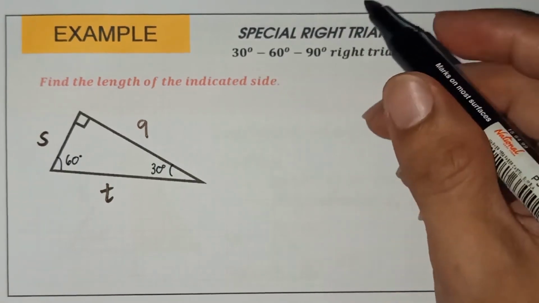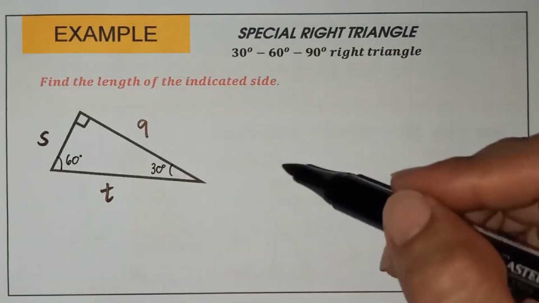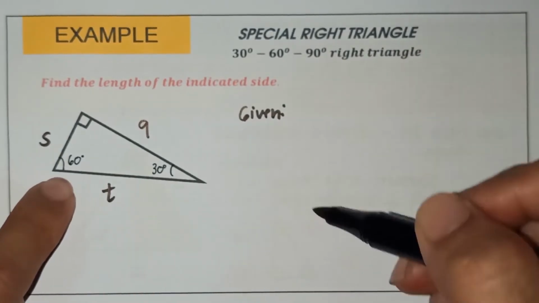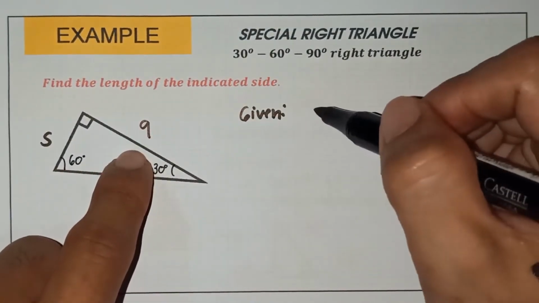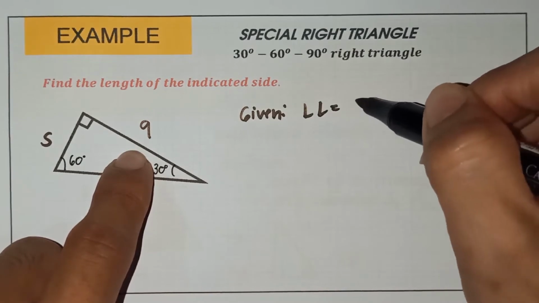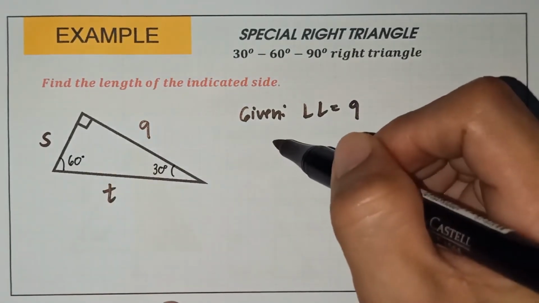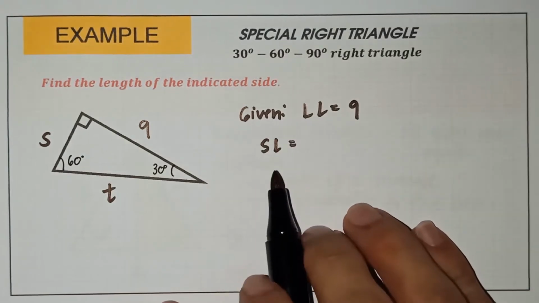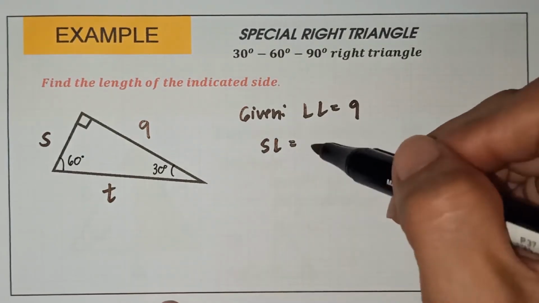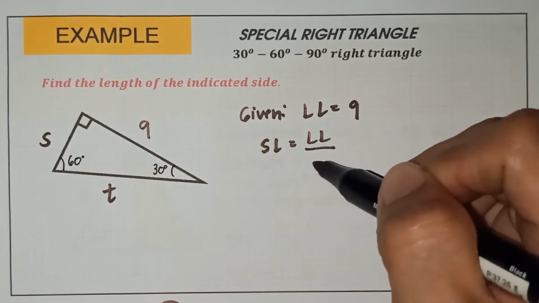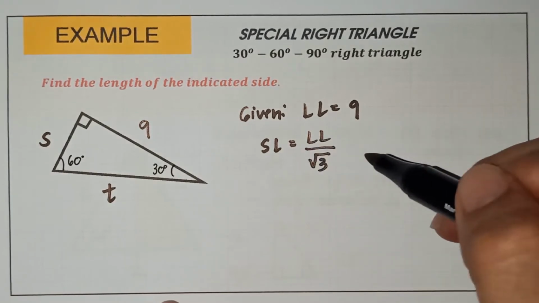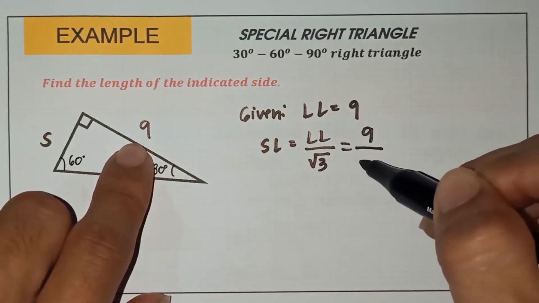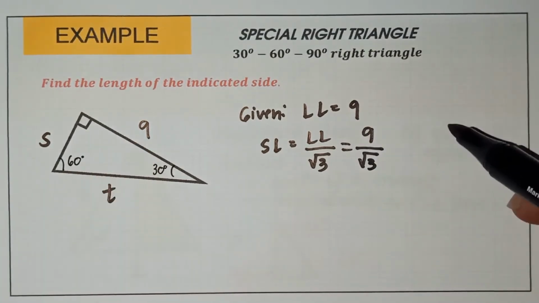So using the formula for 30, 60, 90, the given here is, opposite the 60 degrees is the longer leg, which is 9. Let's find the shorter leg. For the shorter leg, that is the longer leg over square root of 3. So that is 9 over square root of 3.